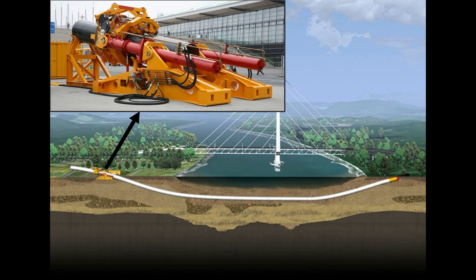The pipe thruster is the key, sorry, I had to get that picture to come up. The pipe thruster is the key innovation developed by Herrenknecht in the early 2000s. That makes the whole process happen by gripping the outside of the pipe and thrusting it into the ground.